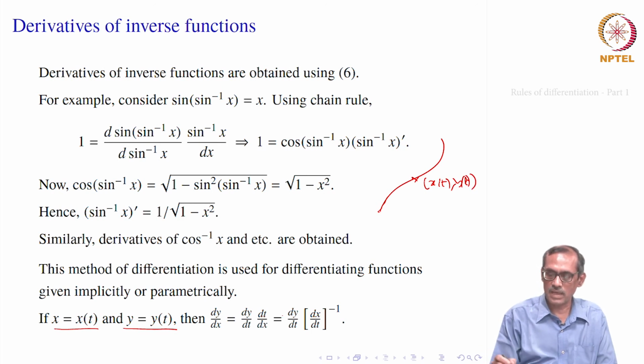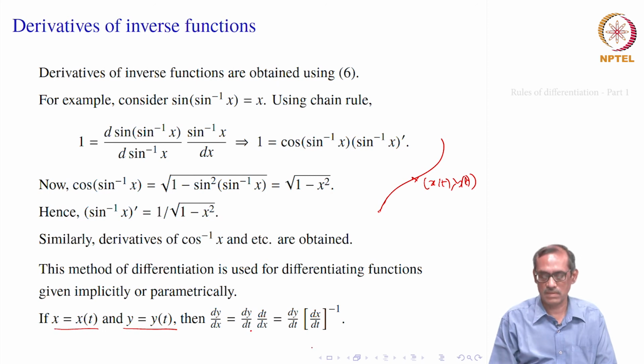So, suppose a function is given parametrically in terms of a parameter t, then we want to find out dy by dx. Again we apply chain rule. So, dy by dx is dy by dt times dt by dx. Now, dt by dx is really dx by dt inverse. So, that again you can find out by differentiating the identity function.